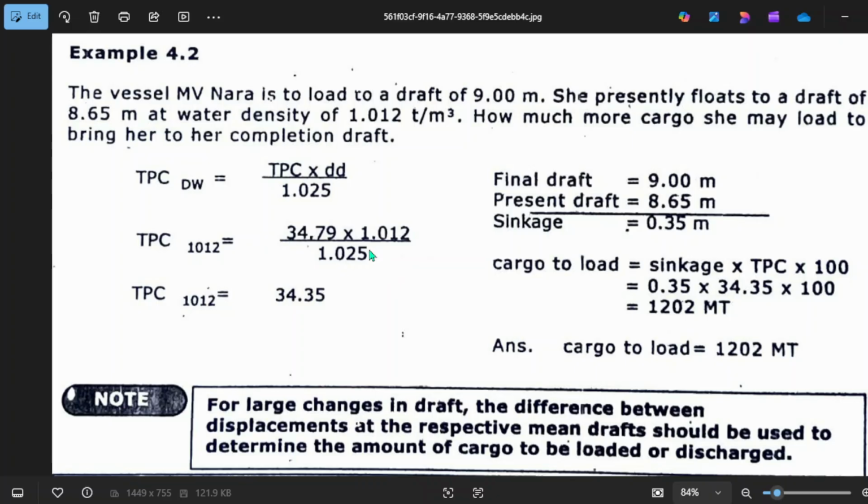Multiply TPC with your dock water density, over 1.025, that will be 34.35, your TPC.